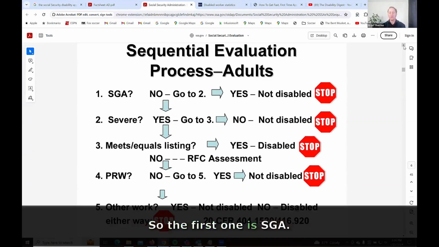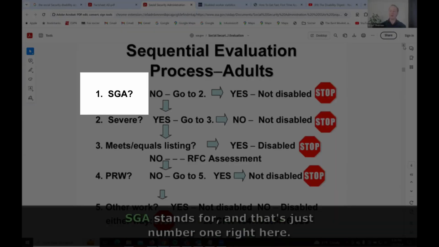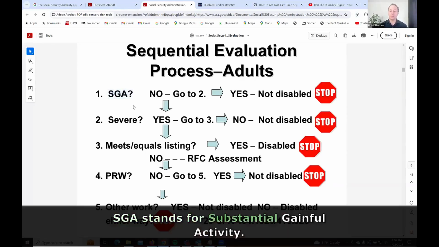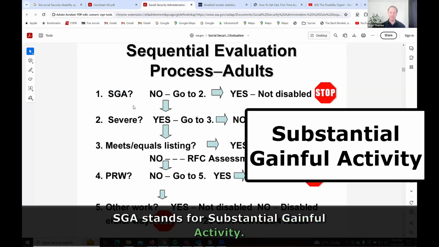So the first one is SGA, and that's just number 1 right here. SGA stands for substantial gainful activity.